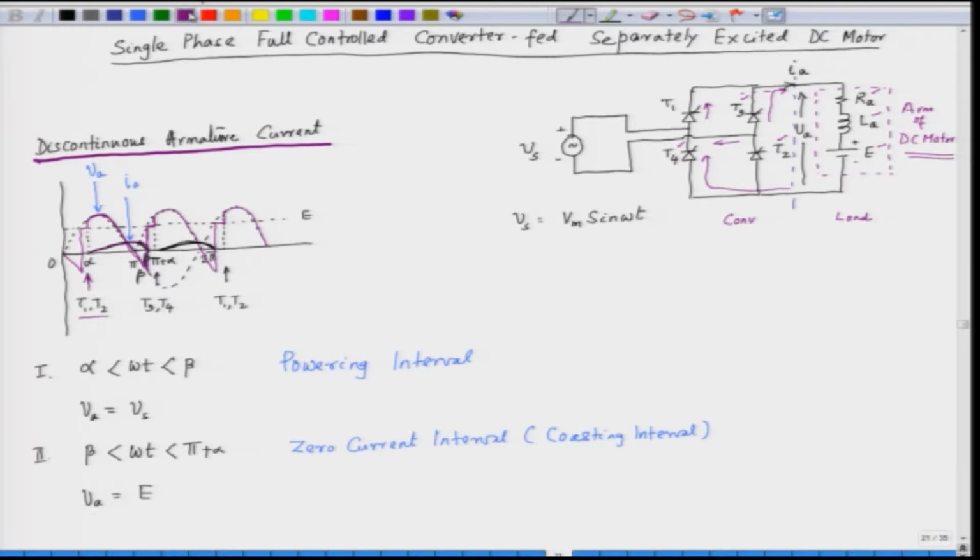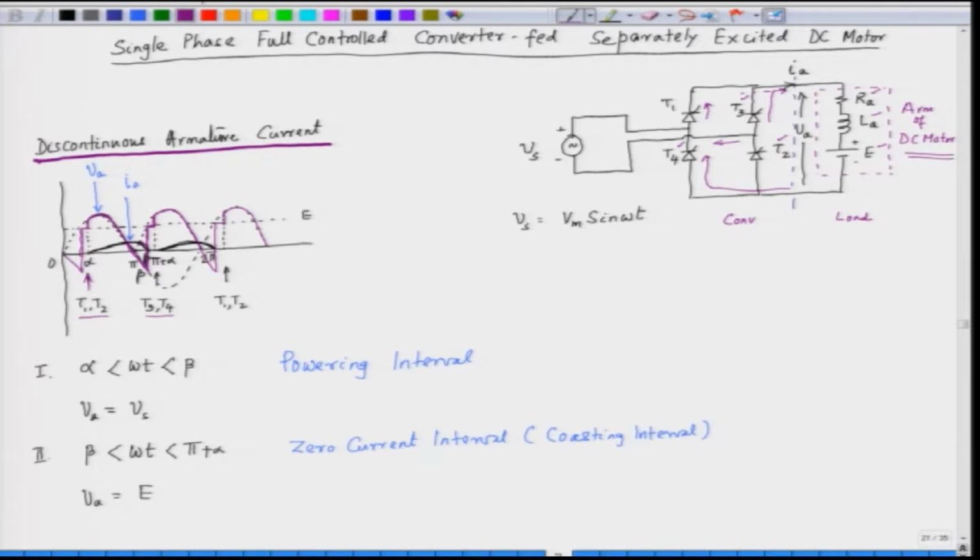This is the instant at which we trigger the next two SCRs, T3 and T4, and the voltage across it reverses. So, we get the output voltage which looks like this, and we can divide the operation of this converter into at least two modes.